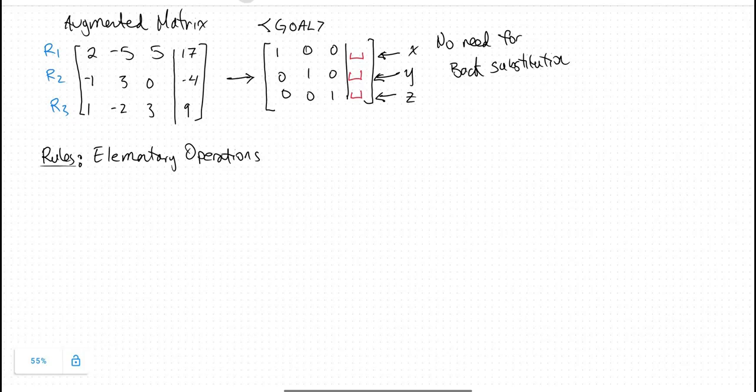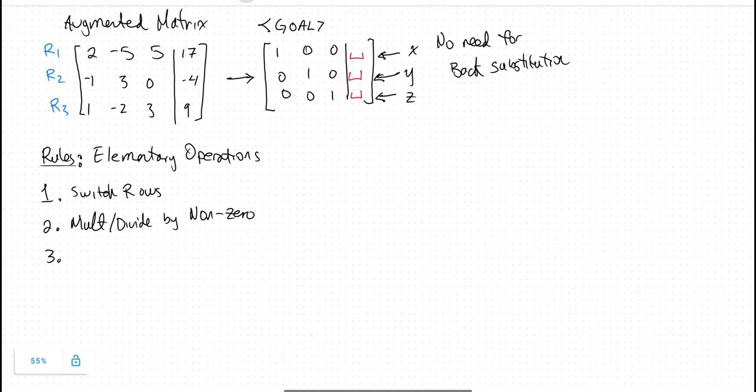But instead of saying rule number one says you can switch equations, now we're going to say you can switch rows. Rule number two, multiply or divide by anything you want, just as long as it's not zero. Multiply or divide by non-zero. Rule number three, this is where the elimination part kicks in. You can add equations. Well, add rows, I should say.